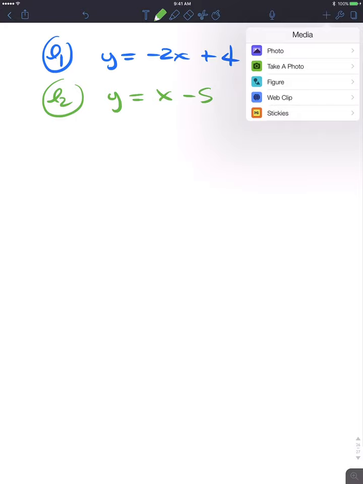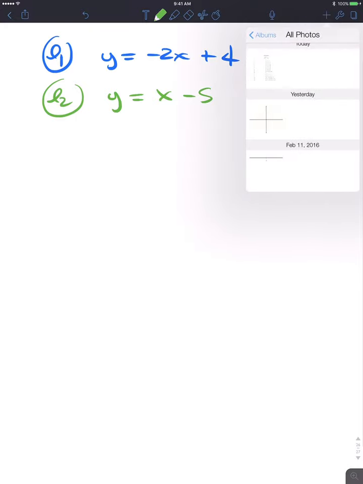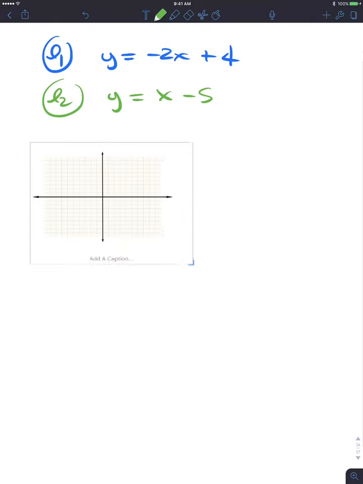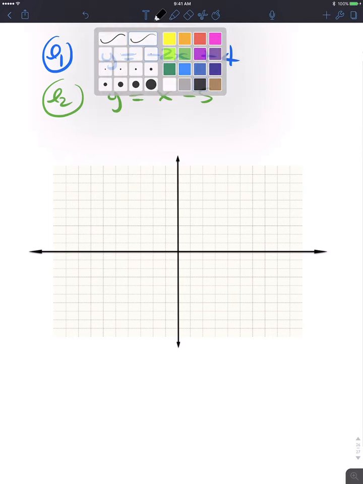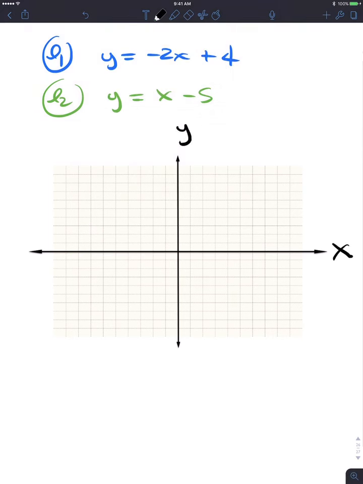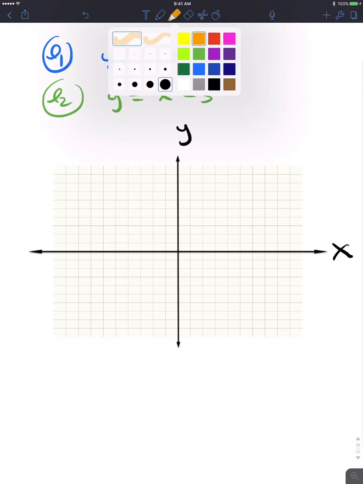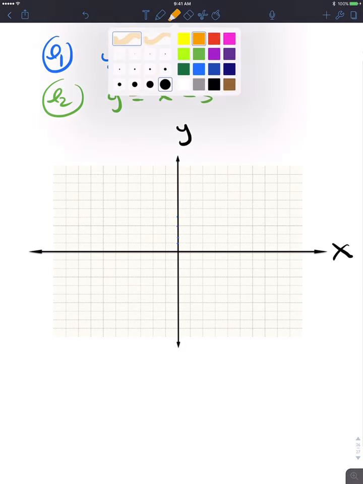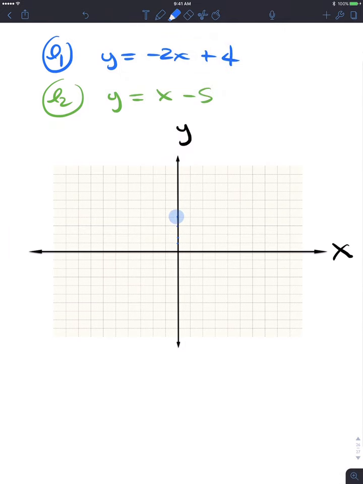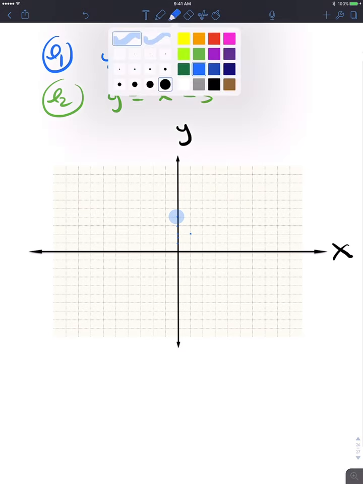We need a graph. X-axis, y-axis. Our y-intercept is at positive 4. 1, 2, 3, 4. Here's the location at 4. We're going to use our slope of negative 2, which means we go down 2 and to the right 1. This is the location of our second point.